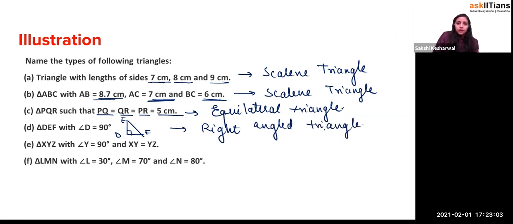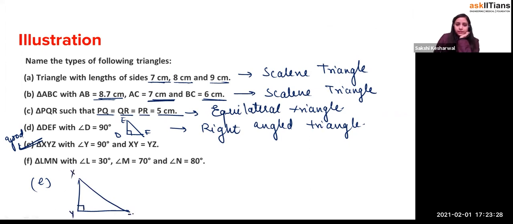Now see, this is a good question. In the question, part E, they are saying that in triangle XYZ, Y is 90 degrees, right? So you make Y 90 degrees.